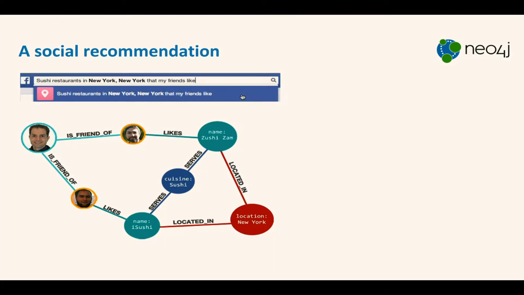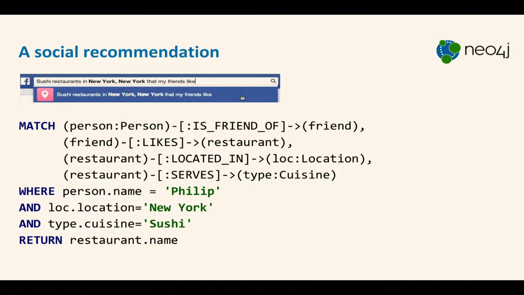If someone is trying to find sushi restaurants in New York, and my friends like those places, so first we take the person, here are the friends, and they like a sushi restaurant, which serves sushi and is located in New York. And here is the actual query for that.